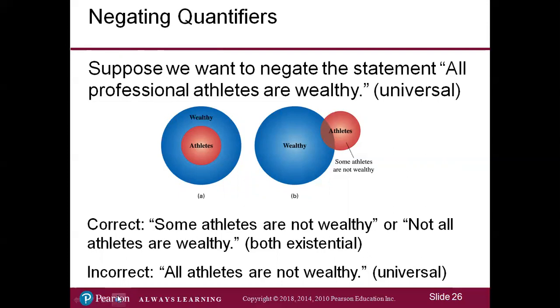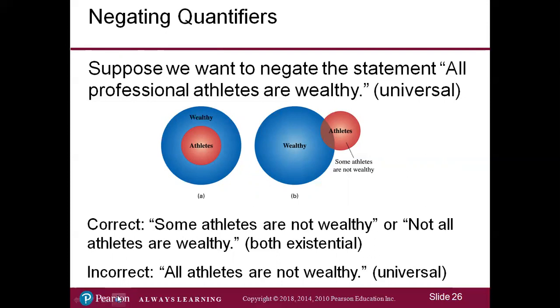In image B, where we've negated, what we're looking at is some athletes have fallen outside of the wealthy circle, right? Outside of the wealthy group of individuals. So some athletes are not wealthy. Correct. Some athletes are not wealthy, or not all athletes are wealthy.